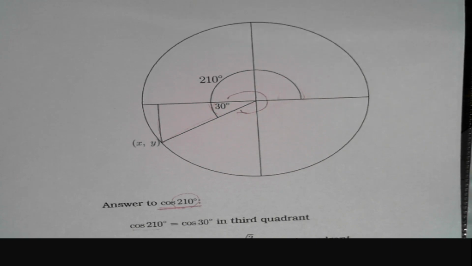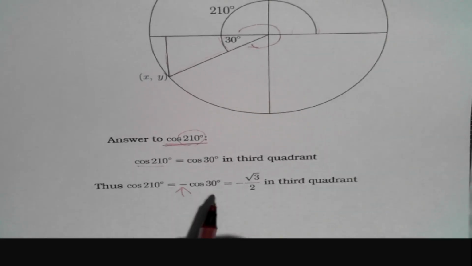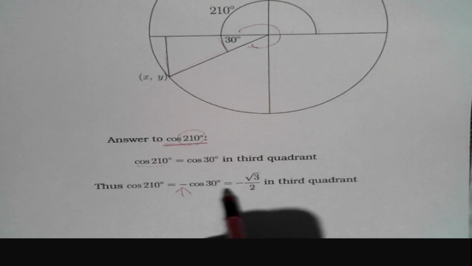So cosine 210 will be cosine 30 degree in the third quadrant, and the value of cosine in the third quadrant is negative. So you can get the value.